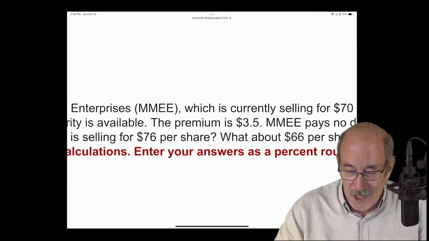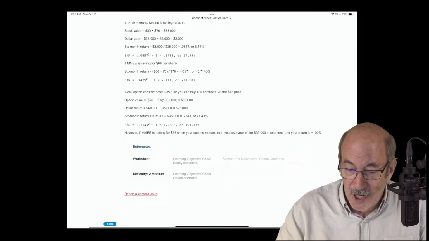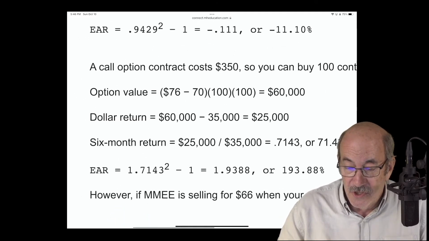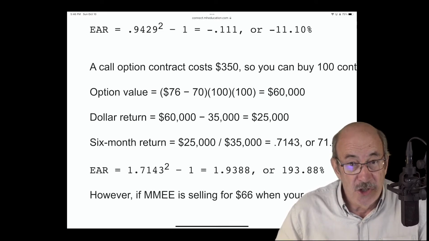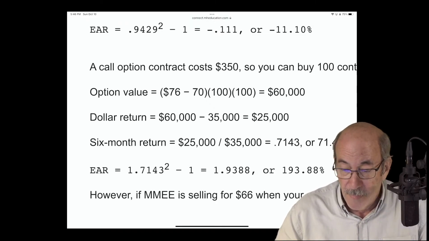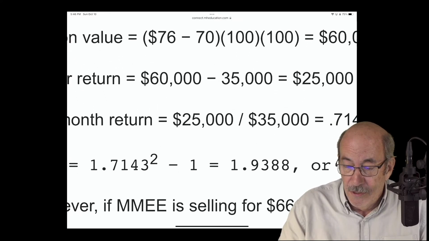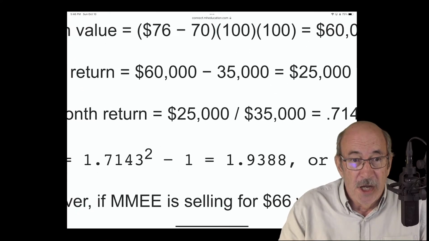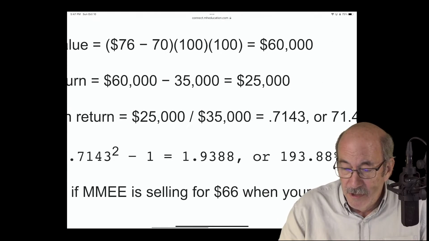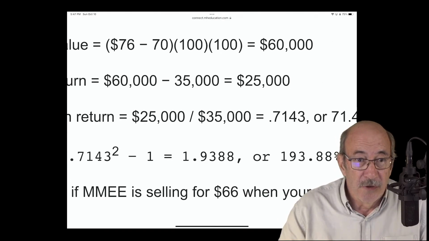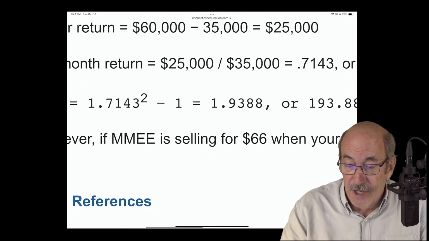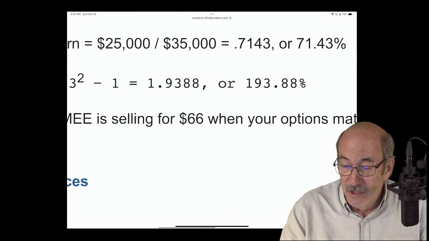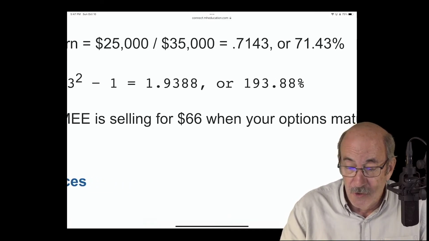So down here, when you're actually calculating your gain, they're saying we've got 10,000 shares of this and we made $6 on each share. So that's $60,000 of total gain. And we paid $35,000 for that, that's our premium. That leaves us with $25,000 worth of profit. $25,000 on a $35,000 investment is a 71.43% return.